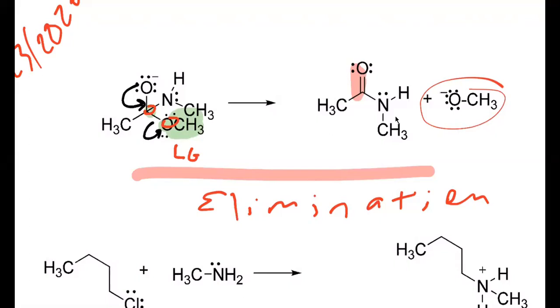And then if I break it and give both electrons in that bond to one atom, is that hetero or homo? Hetero. Homo is when each atom takes one electron. So this is heterolytic, right?